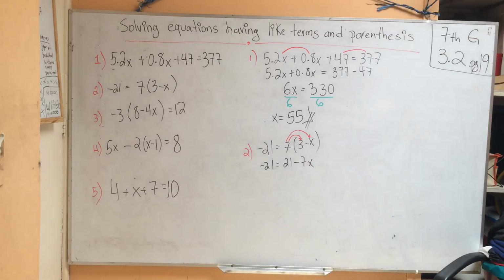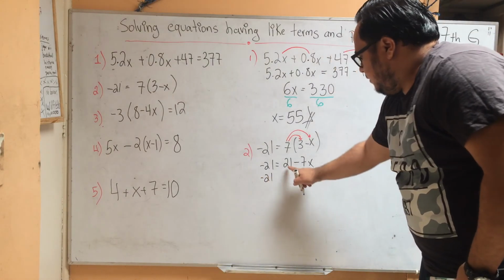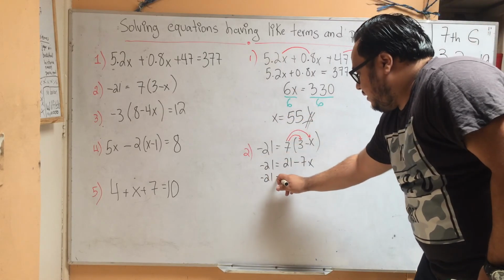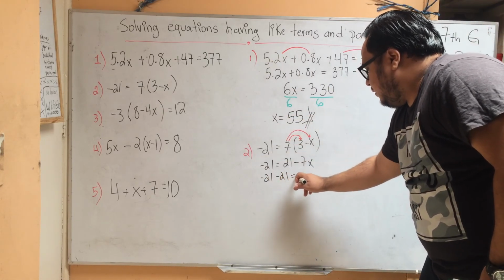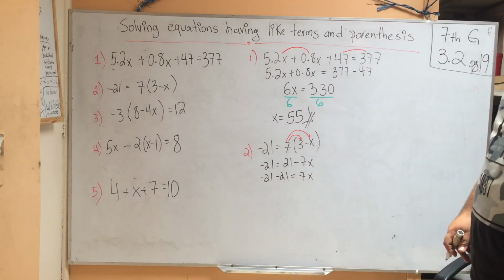Here we don't have any other terms with a variable; the 7x is by itself. So we need to solve for the other numbers. We have minus 21, and the 21 on the other side is positive, so when I move it, it becomes negative. And we still have minus 7x.